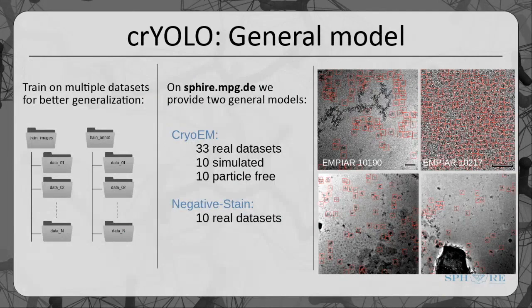You can apply the general model to new datasets and get a pretty decent result. We did the same for negative stain datasets. Right now it only contains 10 real datasets, but we will increase the number. But at least in our labs, the negative stain general model is working quite well, and the cryo-EM general model, of course.